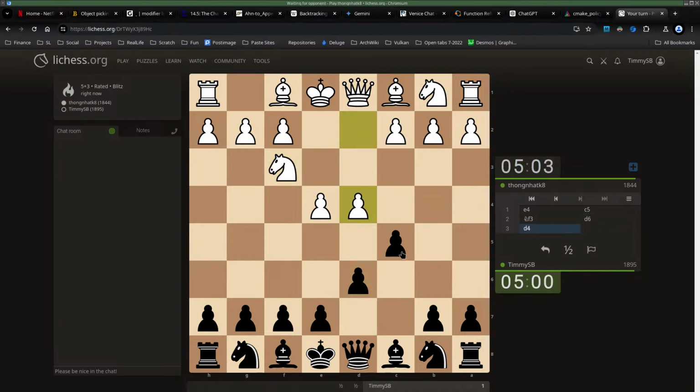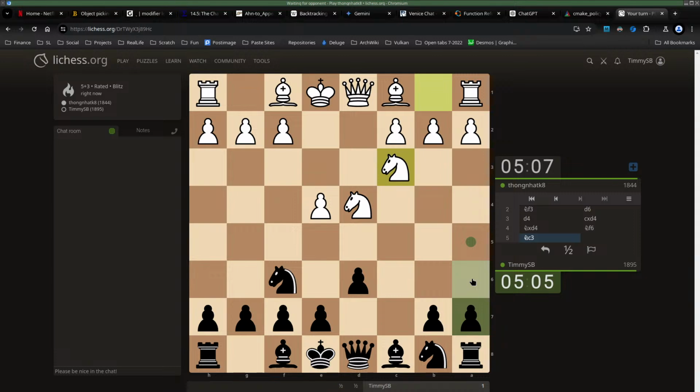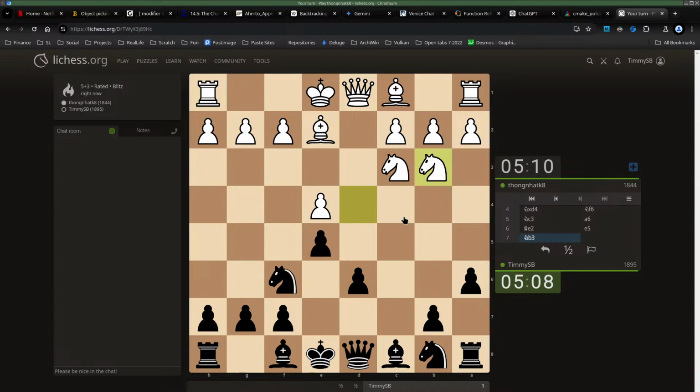Yep, the old Sicilian. And now I'm out of theory, really. Sort of. That's a good move here. So black wants to push this pawn, and if I do that immediately, take, and I lose it, so that's not good.